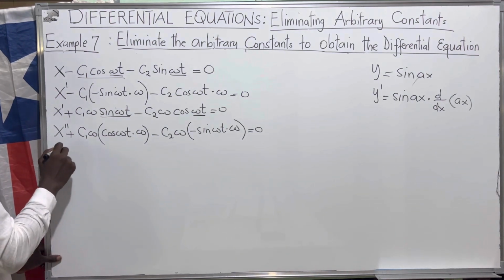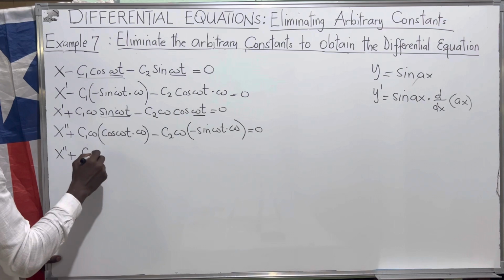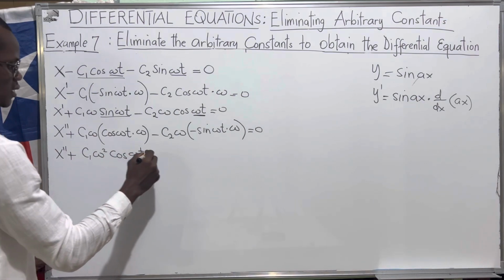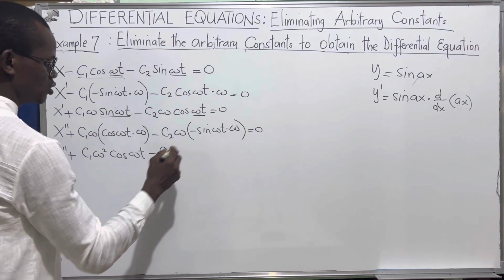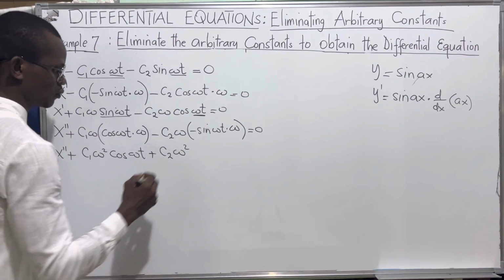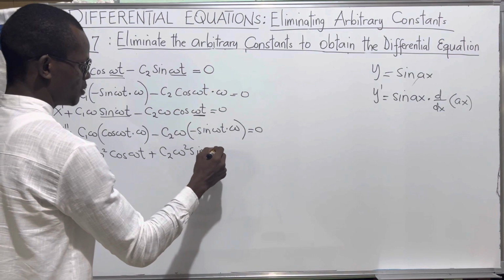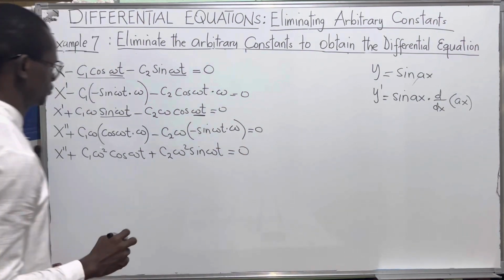So we have x prime prime plus c1 omega square cos of omega t minus c2, negative and negative is positive, c2 omega square again, and then you have sine of omega t equals 0.